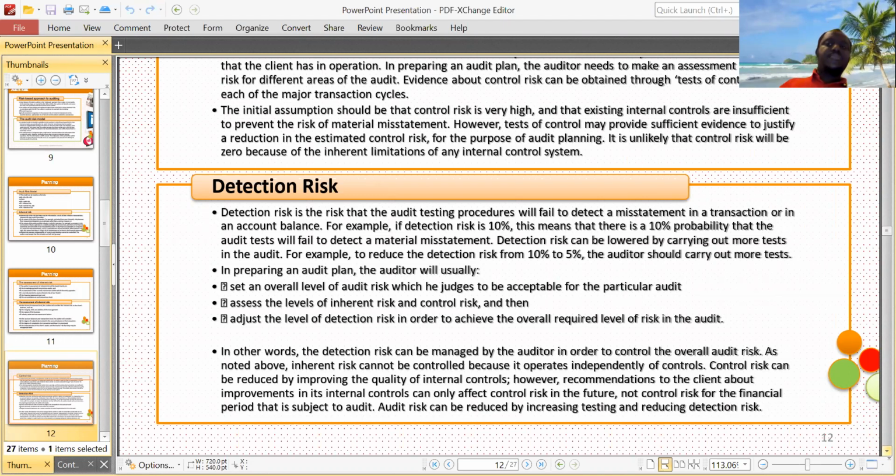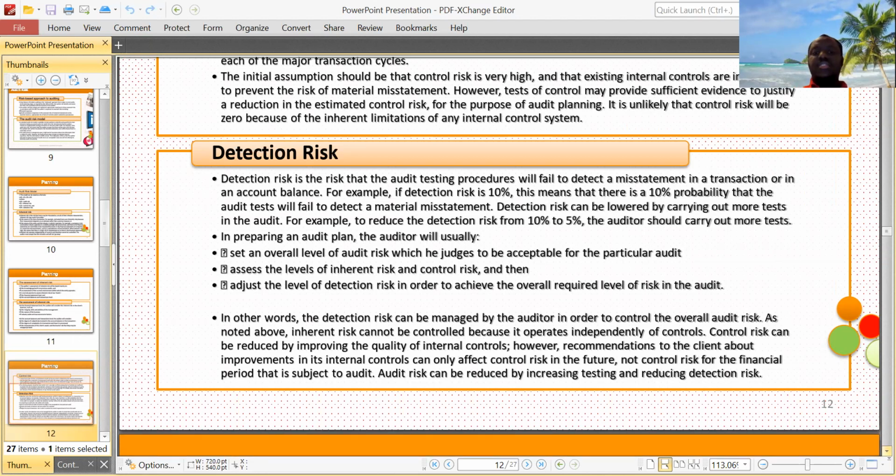It's very, very key. So I'm sure you're understanding what detection risk is here. The mantle has fallen on the auditor and his testing procedures. In other words, the detection risk can be managed by the auditor in order to control the overall audit risk.